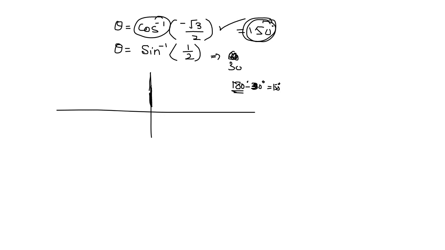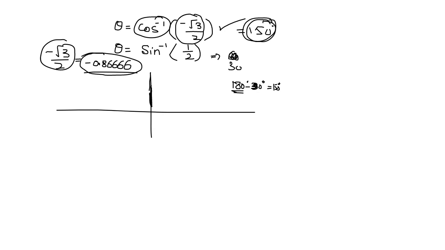First calculate minus square root of 3 divided by 2. First calculate this one, because if you put this value after cosine, it will be difficult. You will get minus 0.866 something, right? You got it? Now make the cosine inverse of this value.